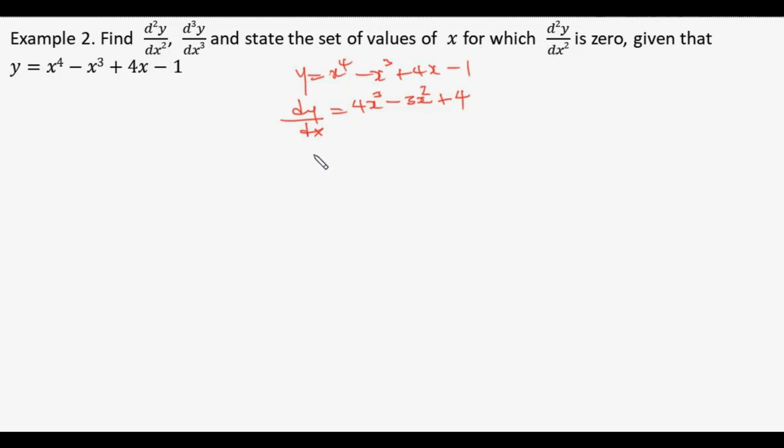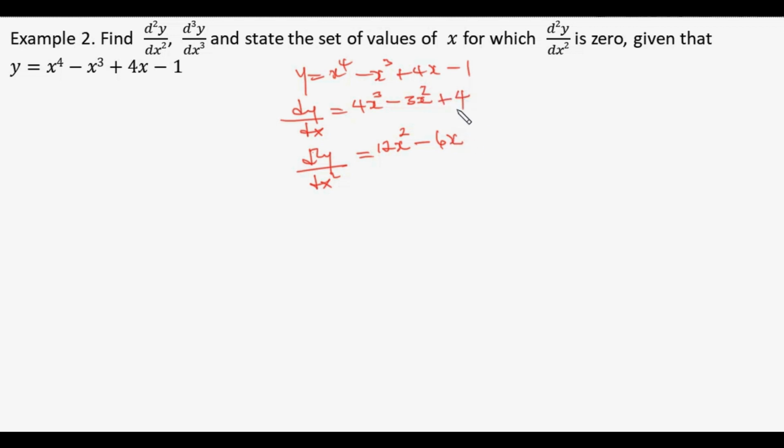So differentiating this result again, we have d squared y over dx squared is equal to 3 multiplied by 4 is 12x, and then 3 minus 1 gives you 2, minus 2 multiplied by 3 is 6, and x to the power 2 minus 1 is 1.